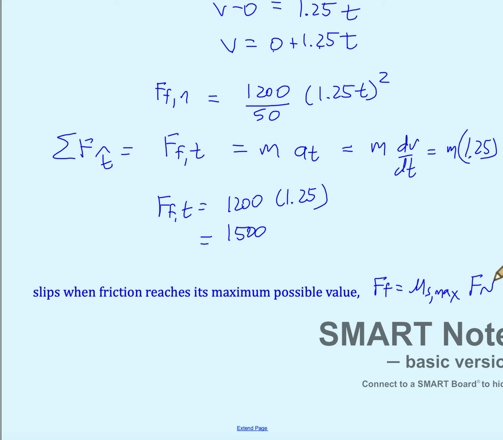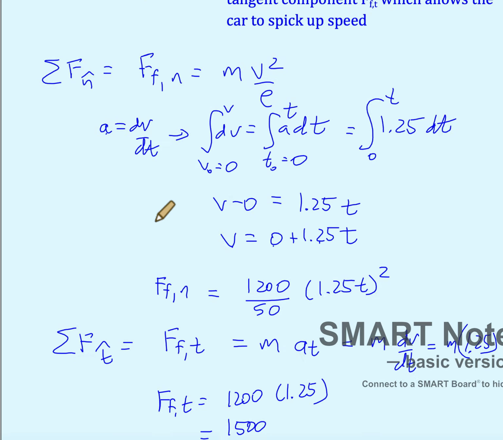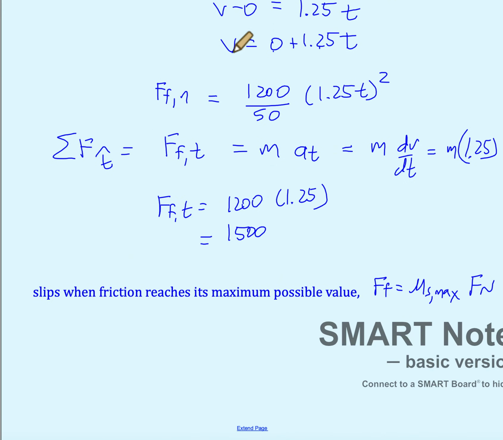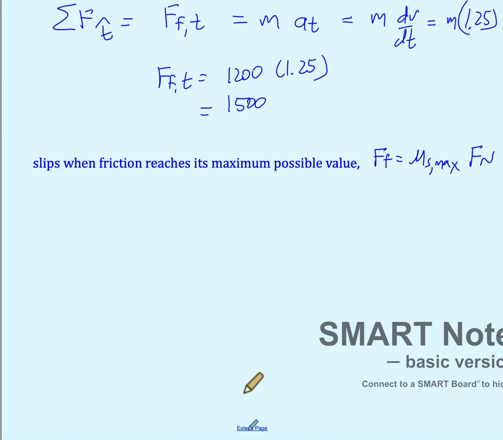See, static friction is a variable from 0 up to a maximum. In this case, I've got to scroll up and see the number, we're told the maximum coefficient of friction is 0.75. Now, we know the normal force is 1200 g.